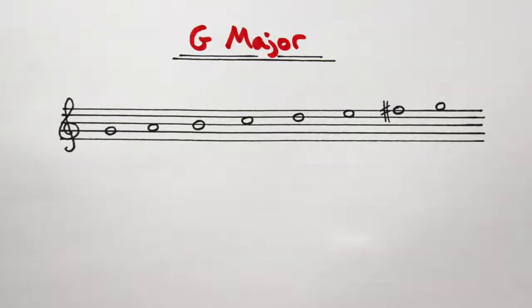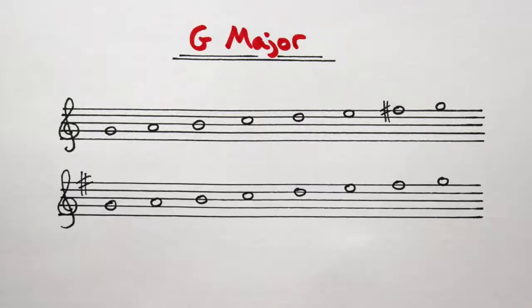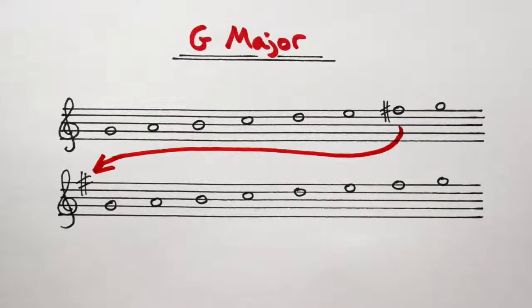Anyways, we can write the scale of G major in two ways, like this, or this. In the last example, I've pulled out the accidental and put it at the beginning of the tune.